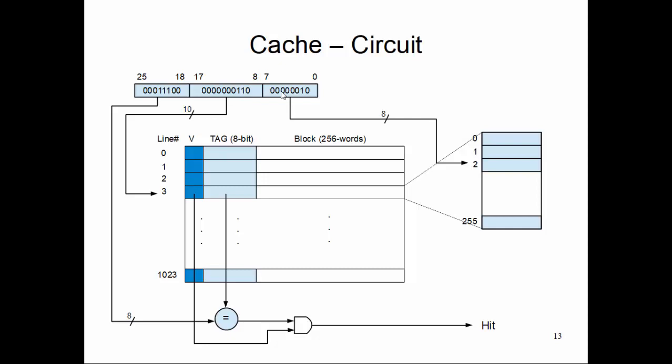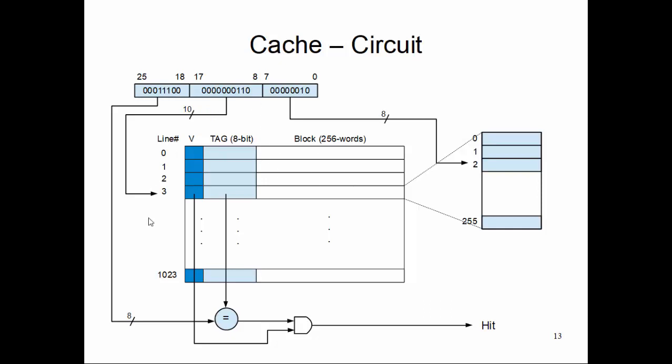The block index is the first 8 bits, the index within which the corresponding data has to be retrieved. My block address becomes the rest of the bits, and out of that we chop 10 bits as the cache line index, and the remaining 8 bits become the tag.